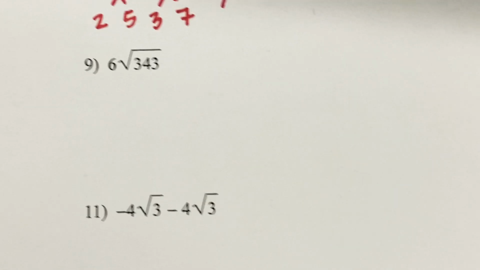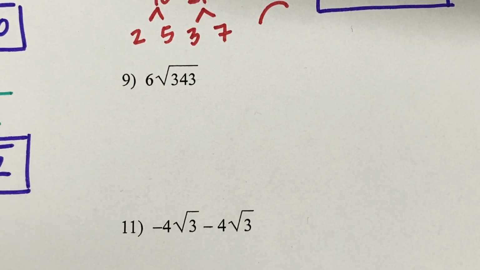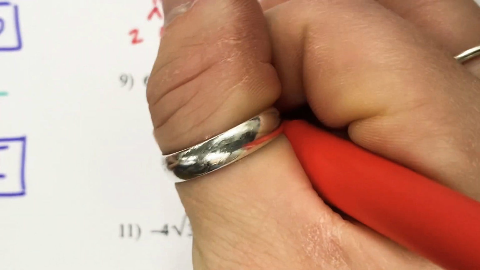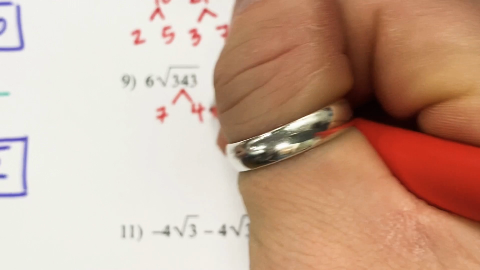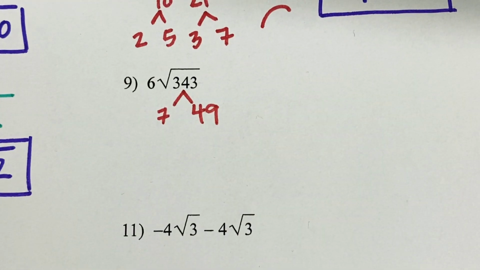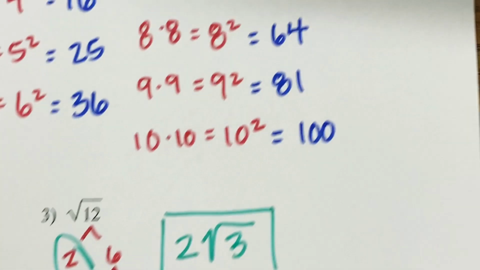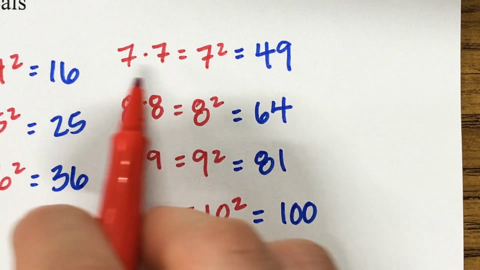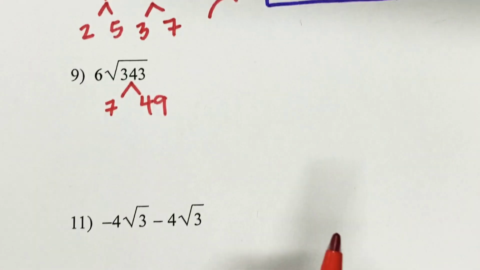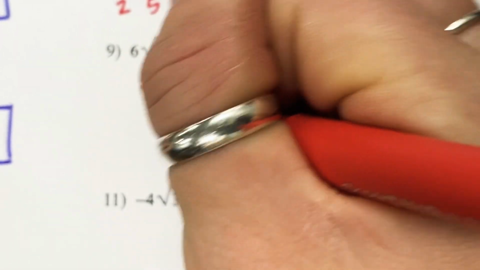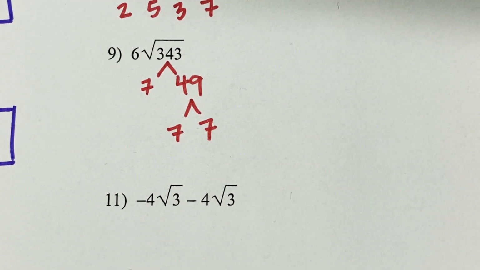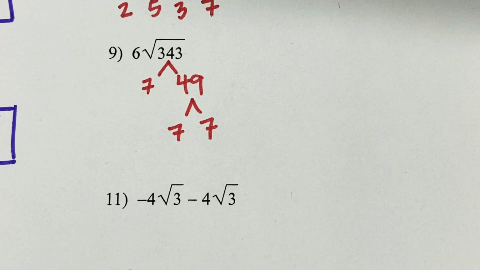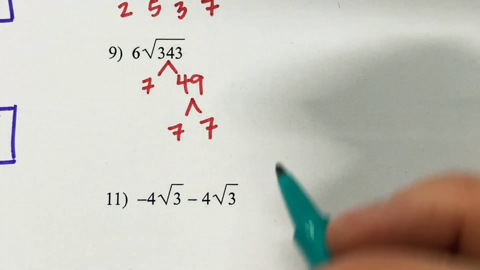Okay, so we know that 343 can be divided by 7, and that'll give us 49. Okay, sweet. And I love 49 because it automatically gives us a pair. So 49 can then be divided to a 7 and a 7. Okay. So what couple got to leave my radical?